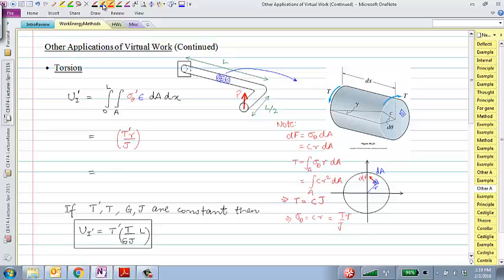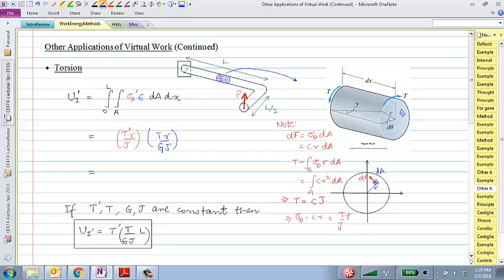The real torsional strain is calculated exactly the same way as the torsional stress. It's real torsional stress, and if I divide that by G, then that gives me real torsional strain.